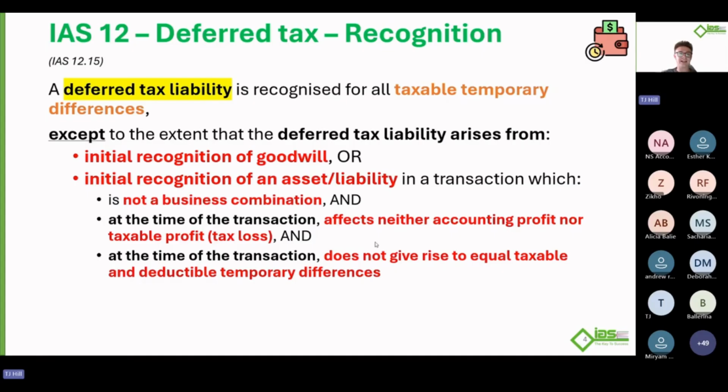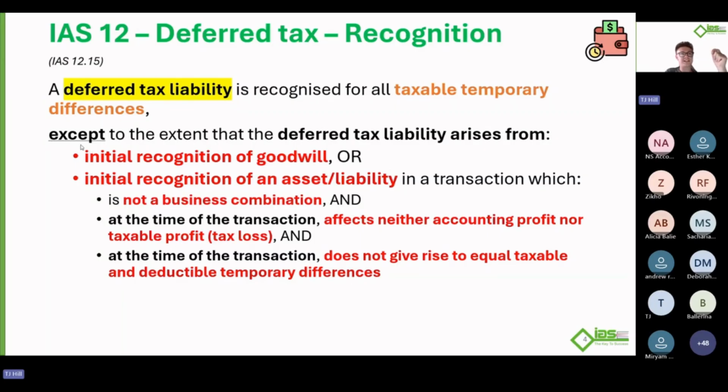And at the time of the transaction it does not give rise to equal taxable and deductible temporary differences. So they don't offset each other. It's a little bit of a weird story because we're working with double negatives here. We will recognize it, but we will not recognize it with the exception here.